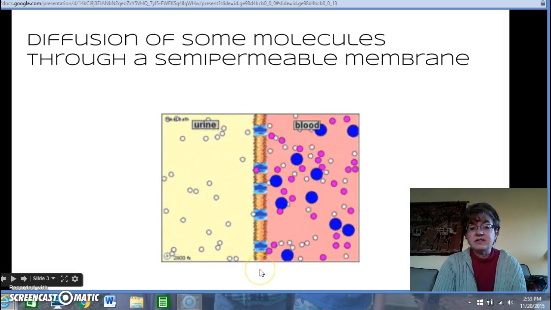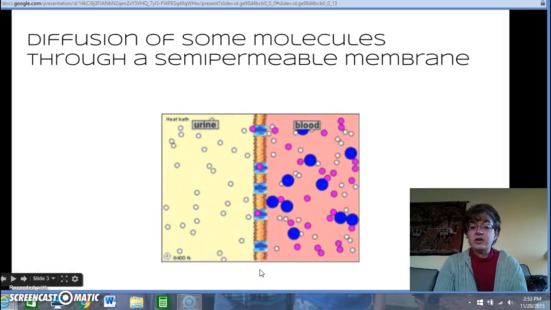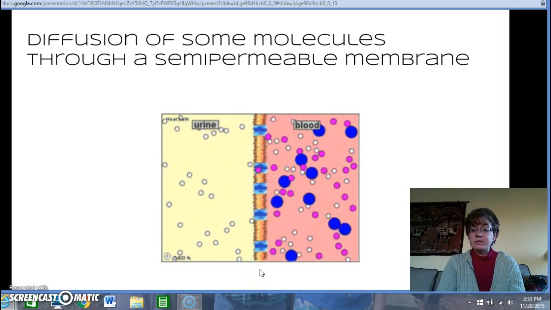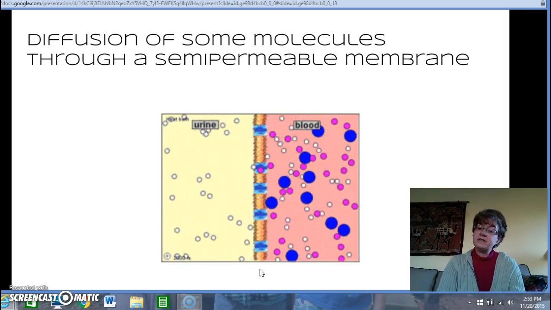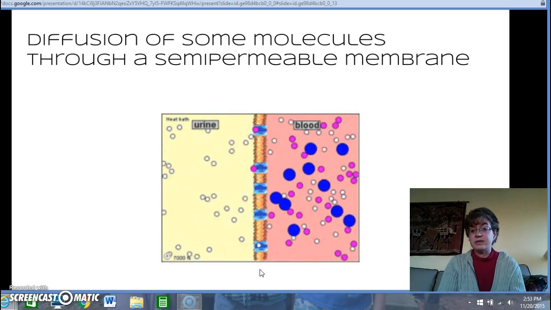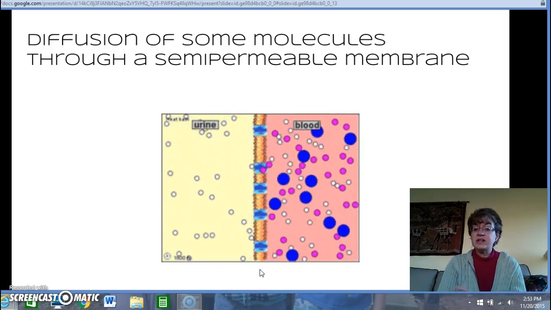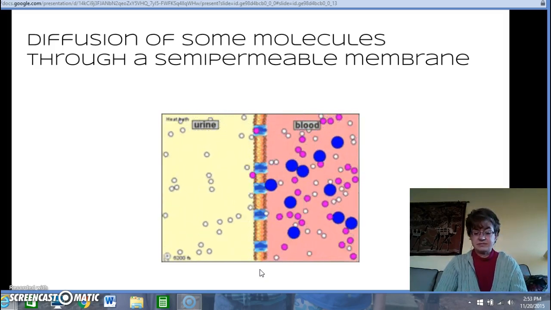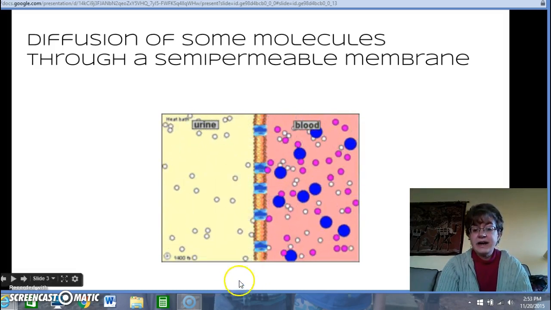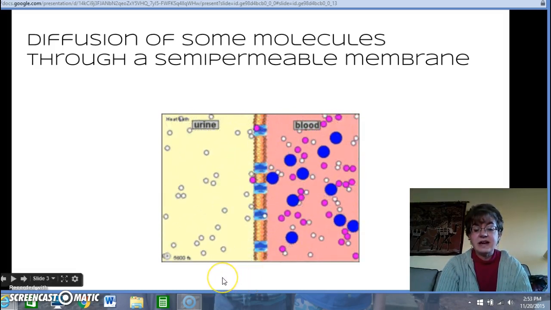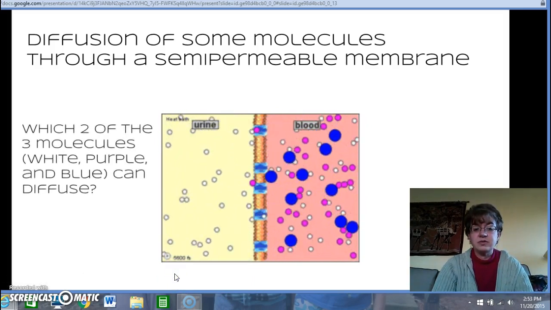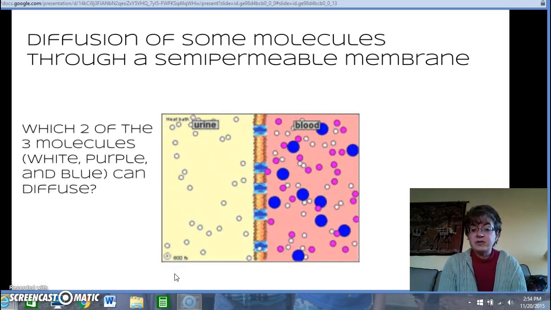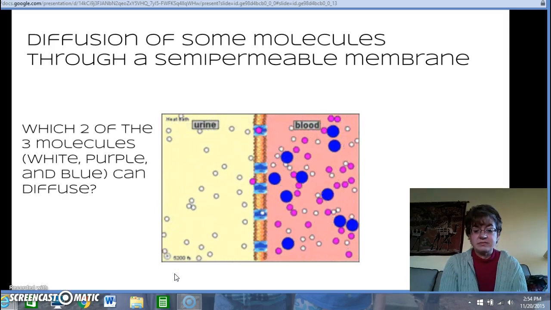But we can look at this just like your artificial cell, remember, and you filled it with glucose and starch, and outside of the cell in your cup or the beaker was water, and you put iodine in it. Now, what I want to ask you, and take a look at this, is after you look at this for a little while, what two molecules will actually diffuse through this membrane?